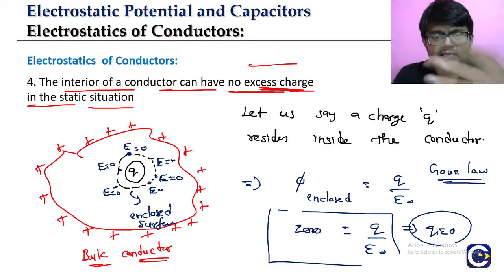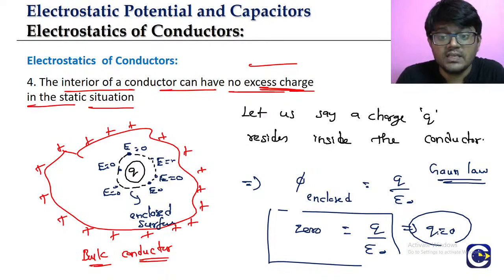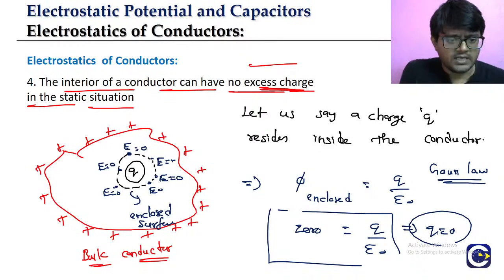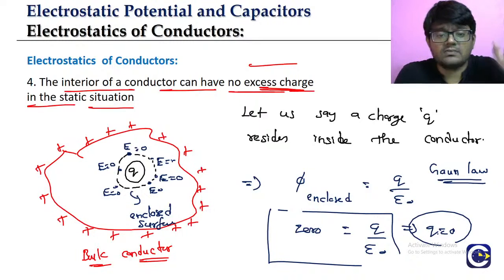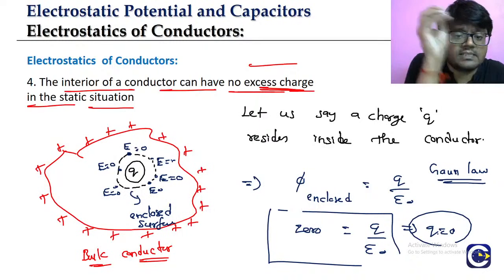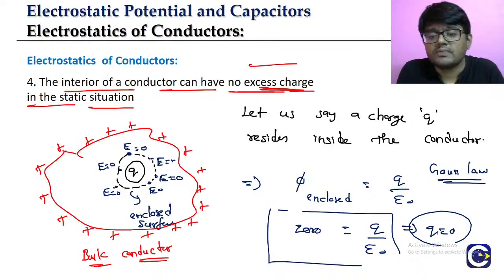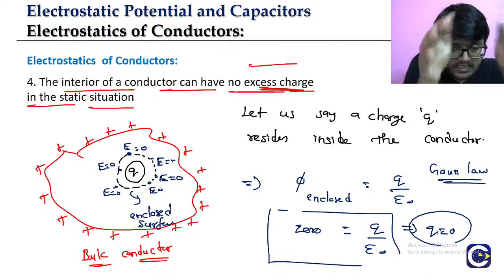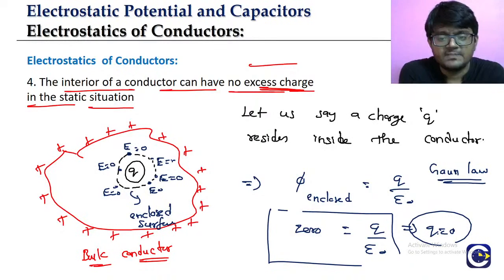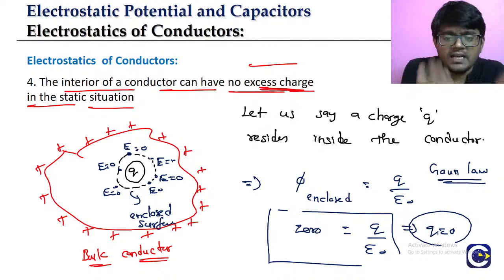So how do we arrive at this result? First, we are assuming, since we do not know whether excess charge can be there inside the conductor or not, let us consider that there is a charge q inside the conductor. Then we have taken an enclosed surface, a Gaussian surface. So what does Gauss law give?